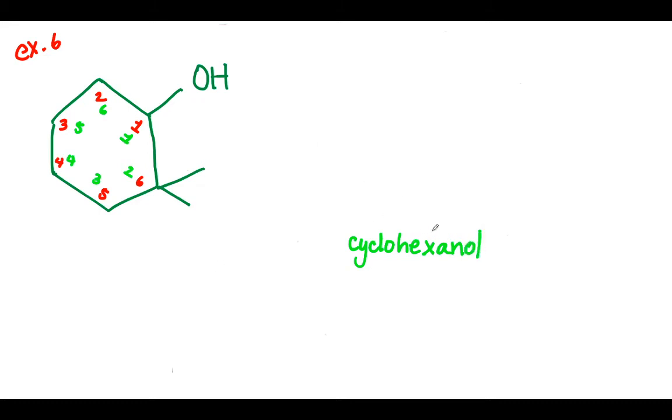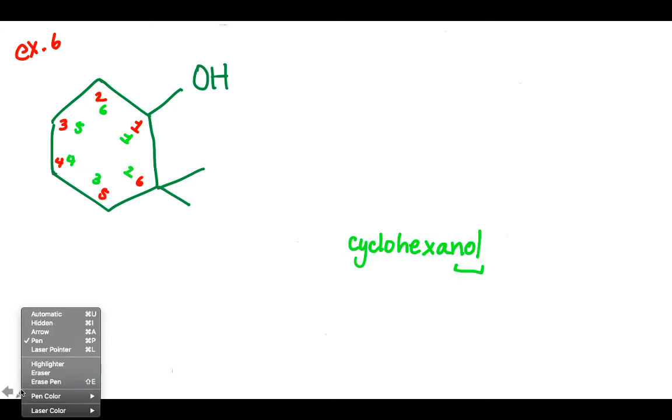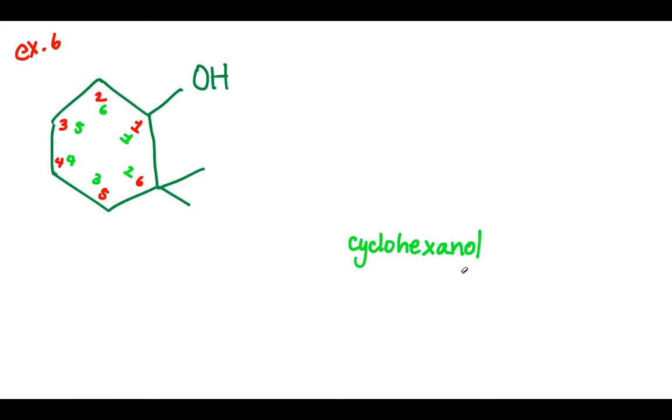Now, again, I want you to think about, why aren't we specifying the number for the alcohol here? We don't need to for this particular example because it's a cyclic compound. And wherever the hydroxyl is attached, we want to give that priority.